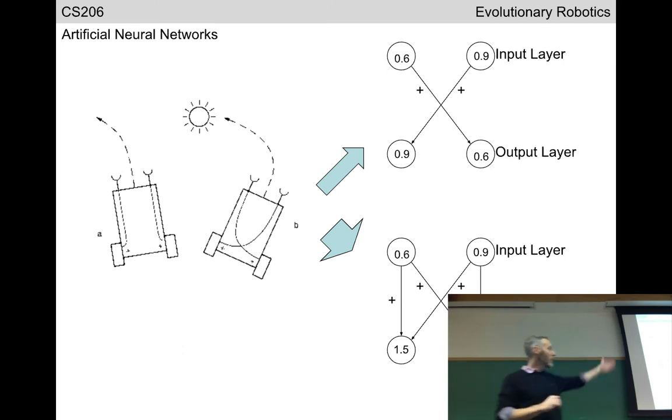Okay, so pretty simple. If we have two or more incoming connections to a neuron, we simply, and now you can see what the plus means, we're simply going to sum the values. So this motor neuron here is receiving 0.6, 0.6 plus 0.9 is 1.5, pretty straightforward.